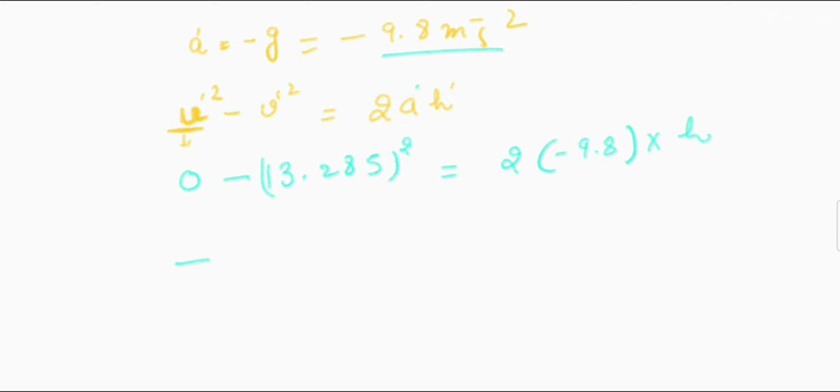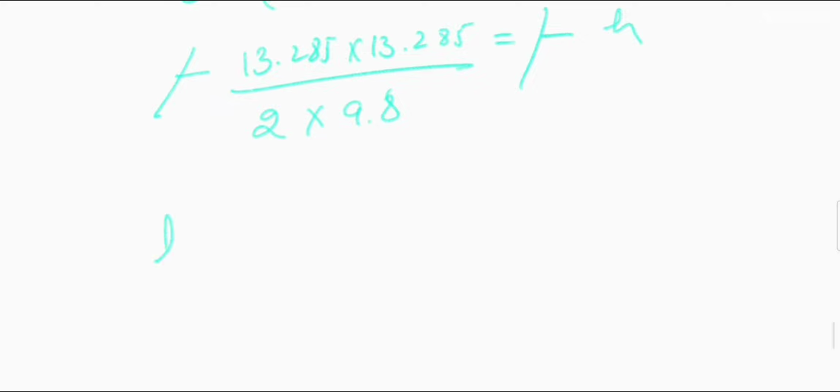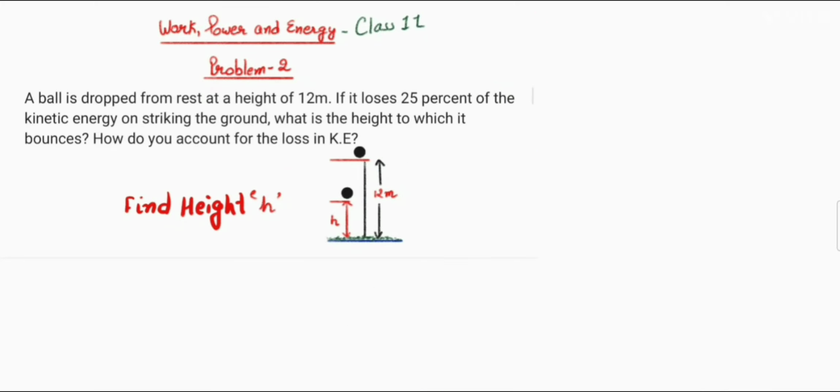So 13.285 into 13.285 is equal to 2 into 9.8 into minus h. This minus will get cancelled, and if we solve for h, we'll get 9 meters. So this height h prime is equal to 9 meters.